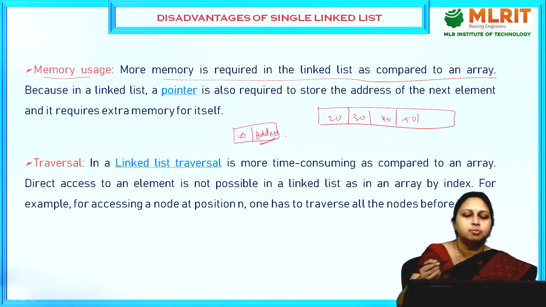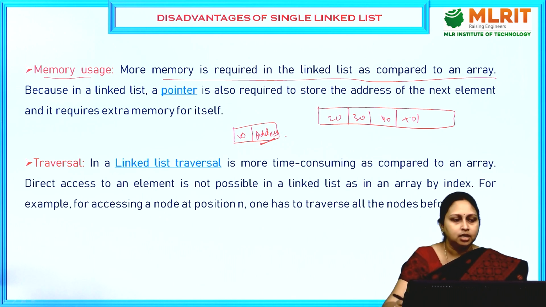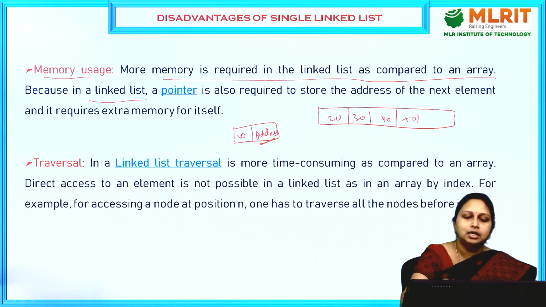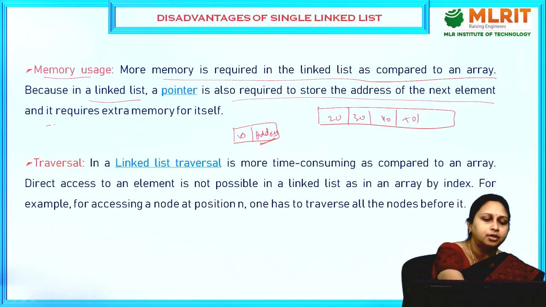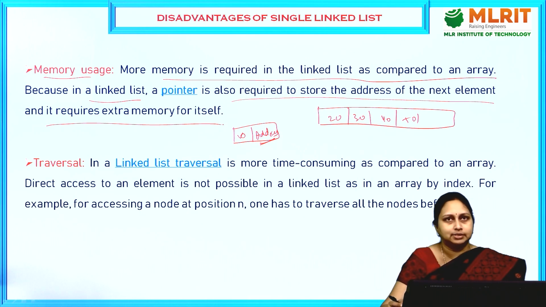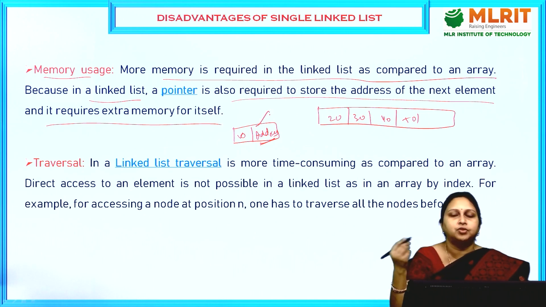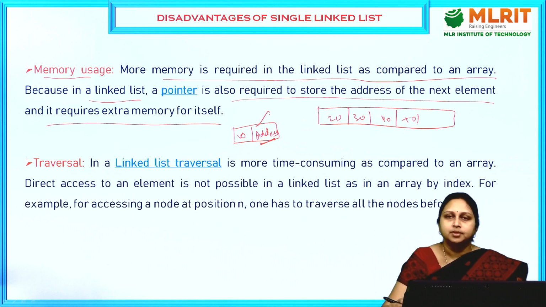Some extra memory we are taking here, right? Because in a linked list, a pointer is also required to store the address of the next element, and it requires extra memory for itself. This may be considered as one of the disadvantages. When I want to have a linked list, it should maintain the address of the next node to be stored in the node address part, right? Because of that, memory usage will be a little bit wasted.